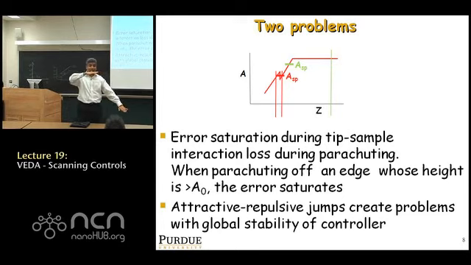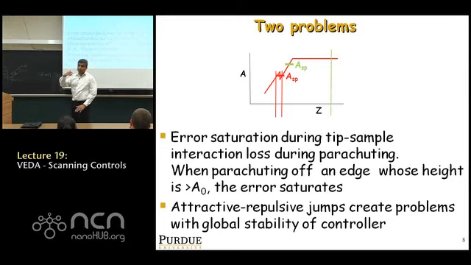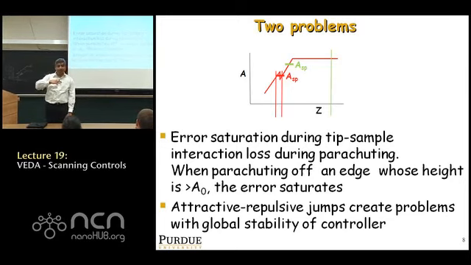So what happened to Z? Z is measured, remember, from the sample surface. So suddenly when you've gone over, Z has become very large, effectively. And so Z may have effectively gone all the way to the right, which means the error, what we want though is the error signal should correspondingly increase also, but the error signal saturates.